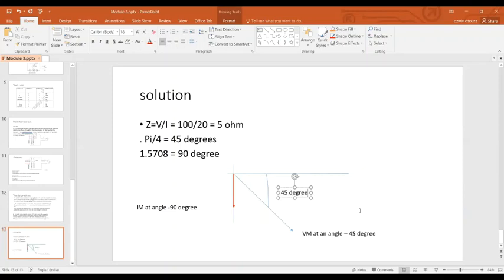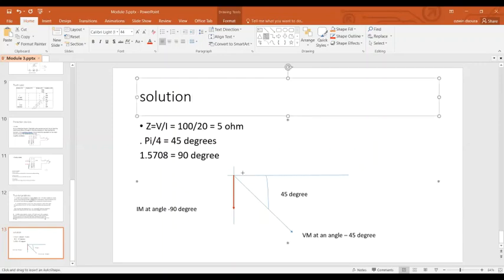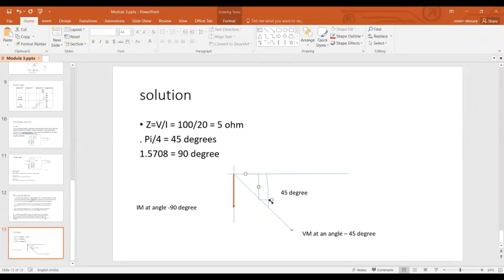And the other one is drawn at 90 degree, correct? This one. So this is drawn at 90 degree, the second angle. Okay. I'll place it here.